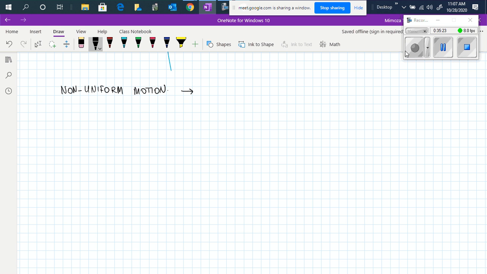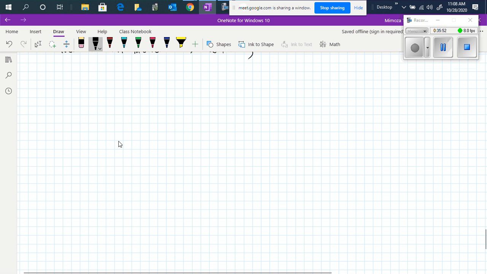When we are dealing with non-uniform motion, what we have is an acceleration. So acceleration is not equal to 0, which means that the velocity is changing, is not constant. And the acceleration can be positive or negative. I will start with the velocity time graph, and then from there I will construct the displacement time graph.